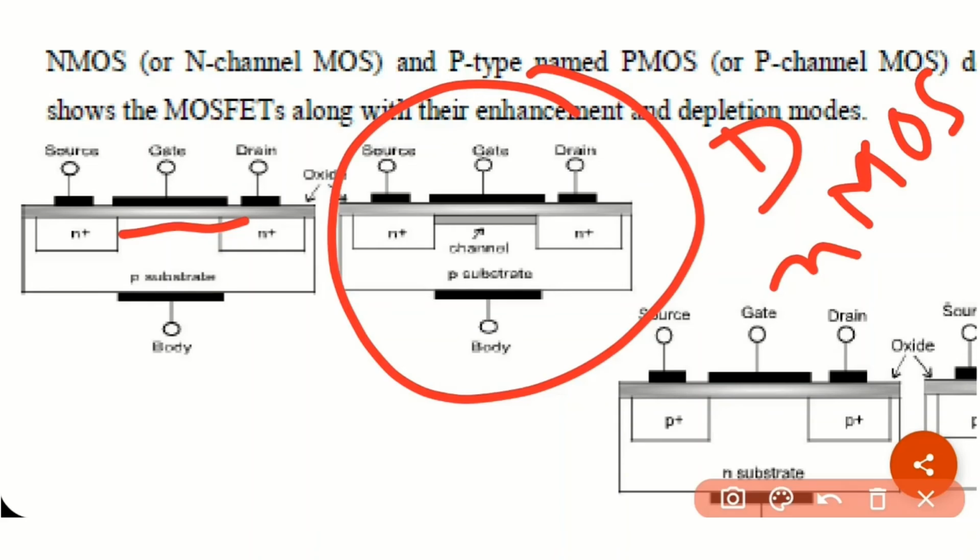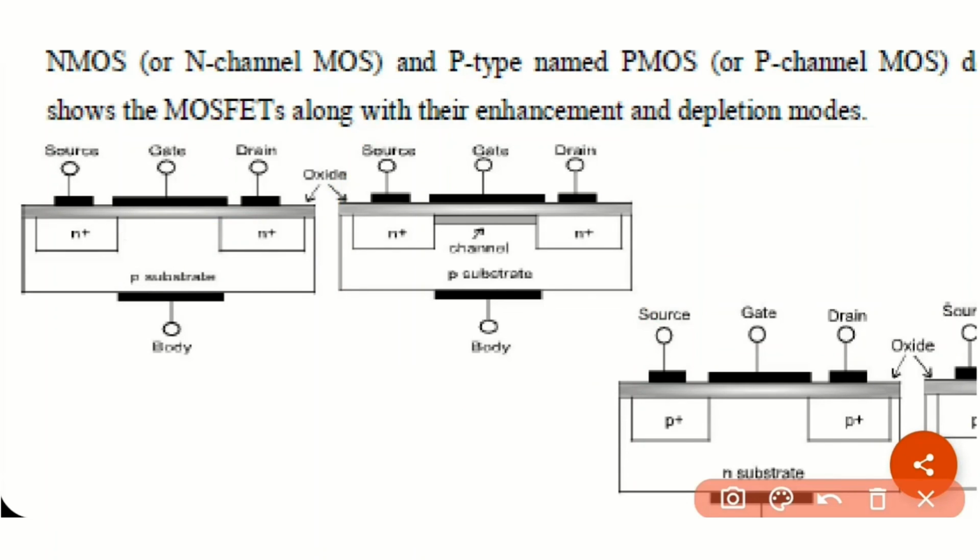By implanting suitable impurities in the region between the source and the drain during the manufacturing process, a channel is formed. So under these conditions, the source and drain are connected by a conducting channel.